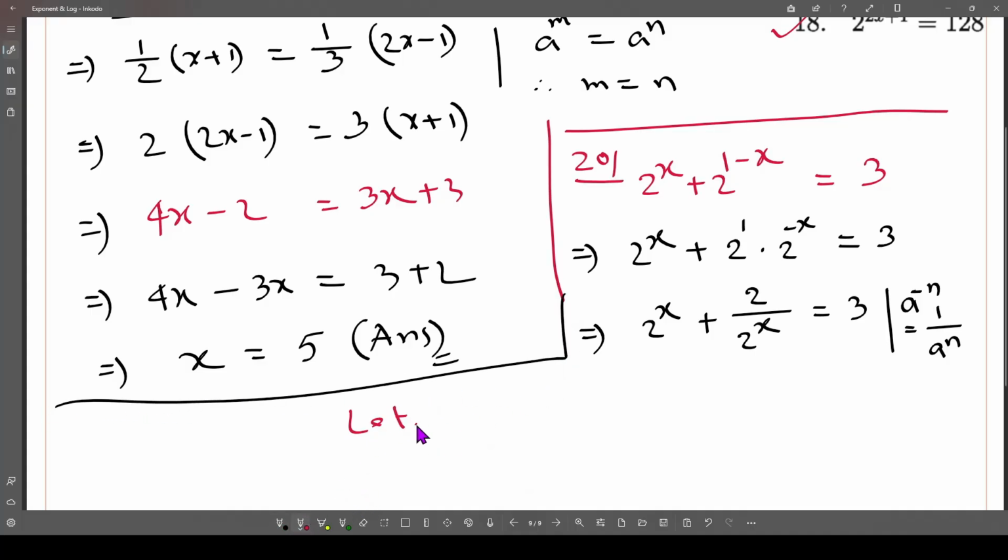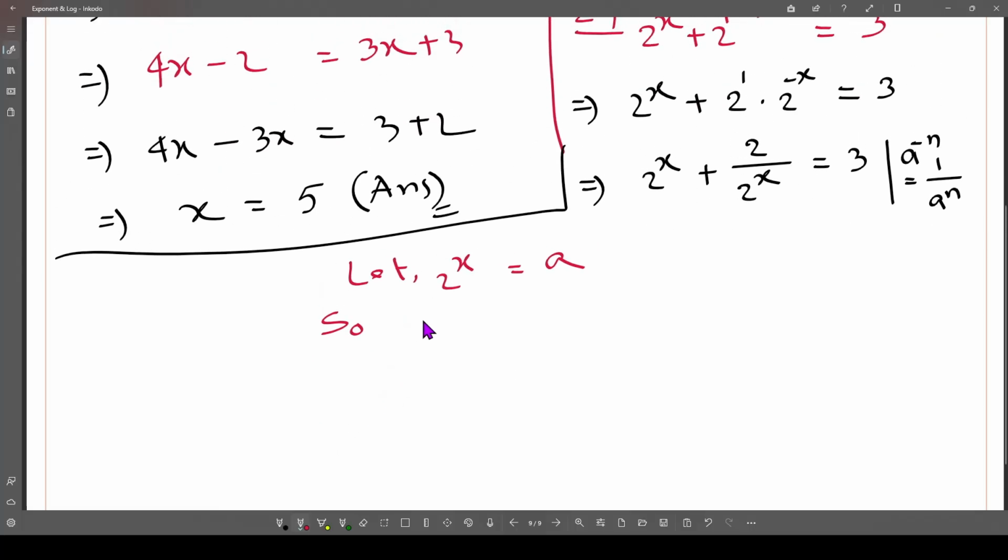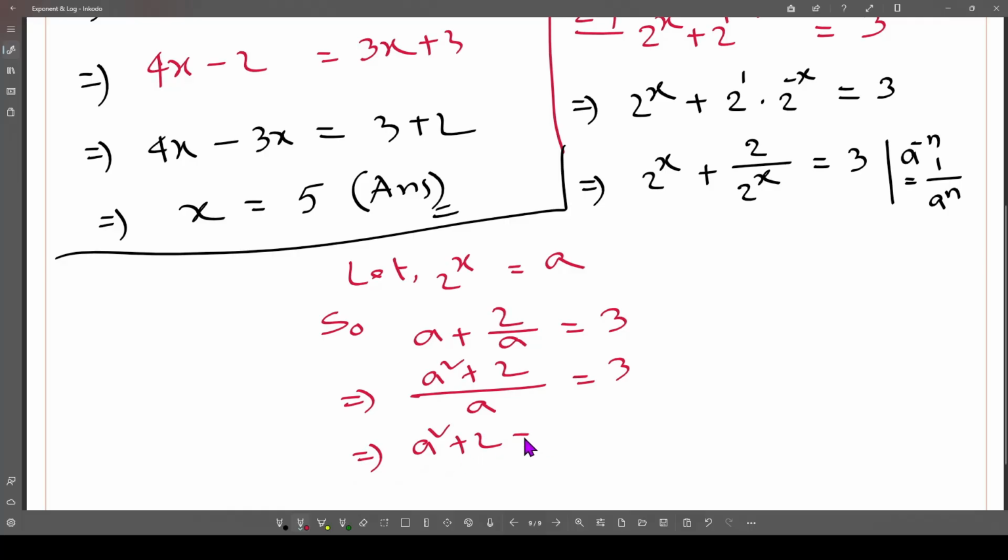So let 2 to the power x equal a. Okay, so we can write a plus 2 over a equals 3. So make the LCM a, so a squared plus 2 equals 3a.